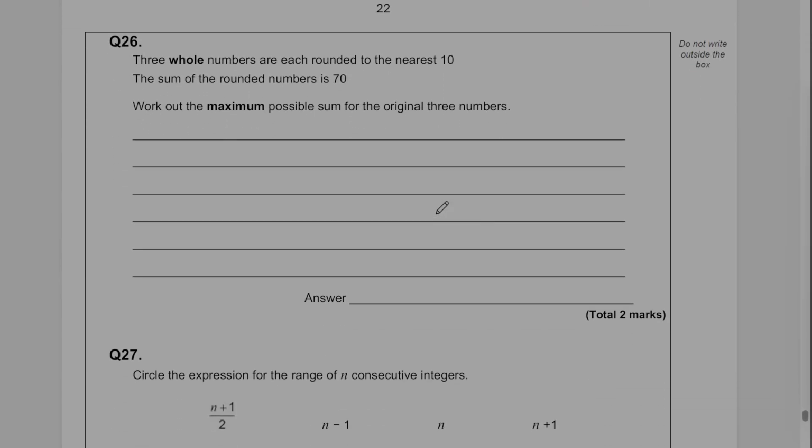Okay, question 26. Three whole numbers are each rounded to the nearest 10. The sum of the rounded numbers is 70. Work out the maximum possible sum of the original three numbers. Right, so for this, let's think about it. So we've got three numbers. Let's call them A, B, and C for now.